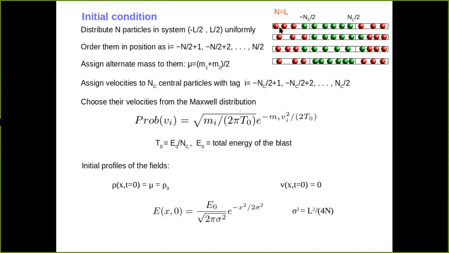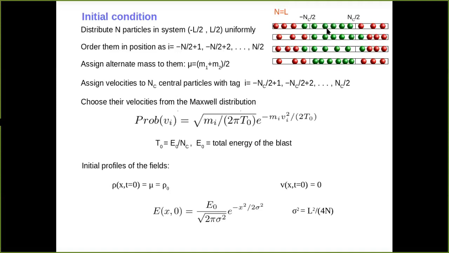You can see the red particles are the central ones. Here I show 4 configurations. In the first configuration, after distributing, we sort the particles in position, so it is not necessary that all the Nc particles will be in the central region.